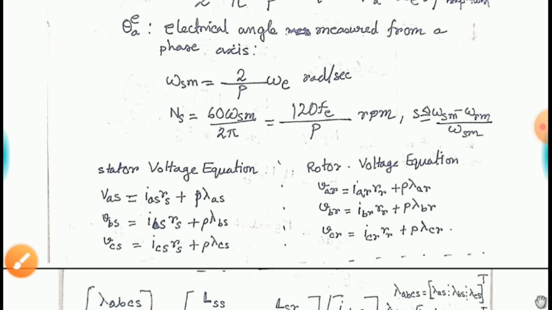So at the same time, we can connect external resistance with the rotor winding, and that is the main advantage of the slip ring induction motor.